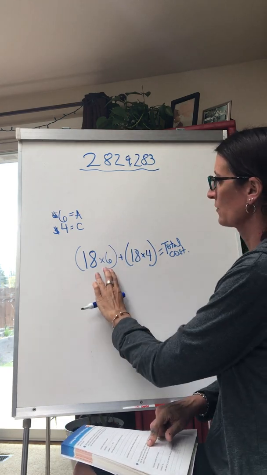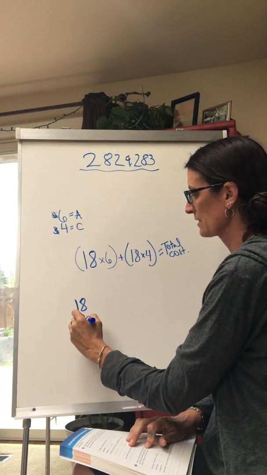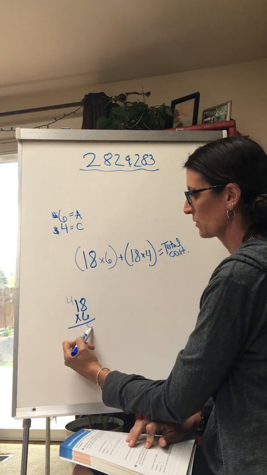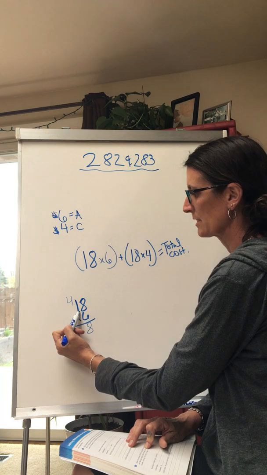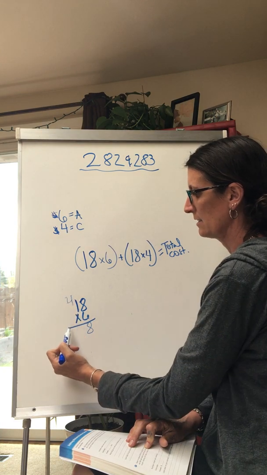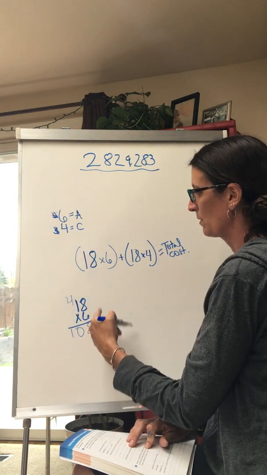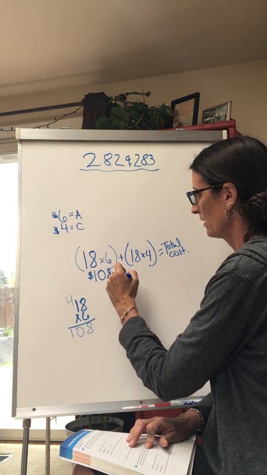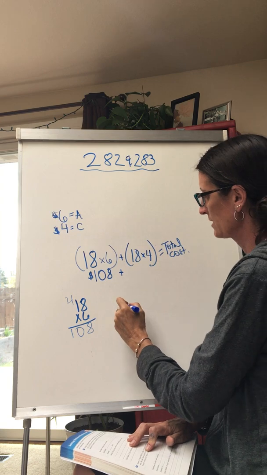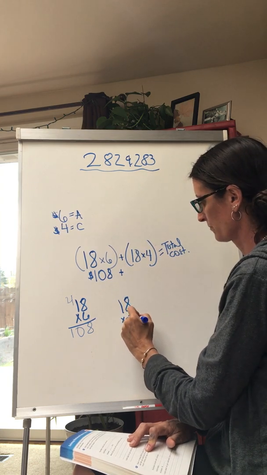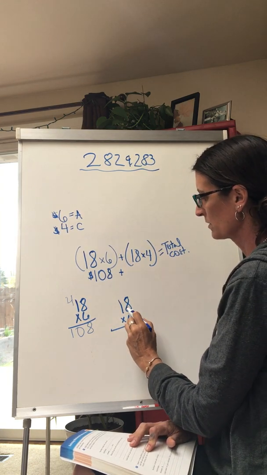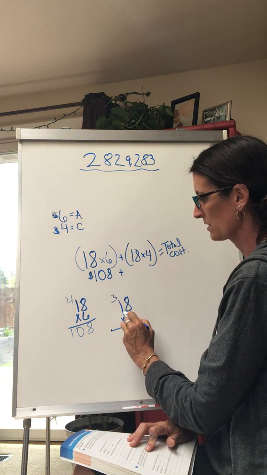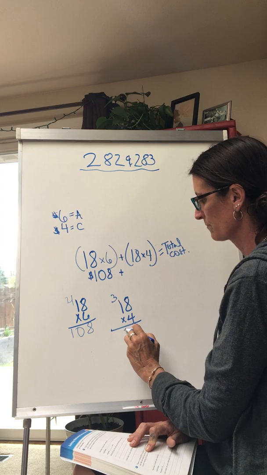So now we're going to figure that out. 18 times 6, 6 times 8 is 48, 6 times 1 is 6, 7, 8, 9, 10. Okay, so this part is $108, okay? And then if we do 18 times 4, 4 times 8 is 32. 4 times 1 is 4, 5, 6, 7.